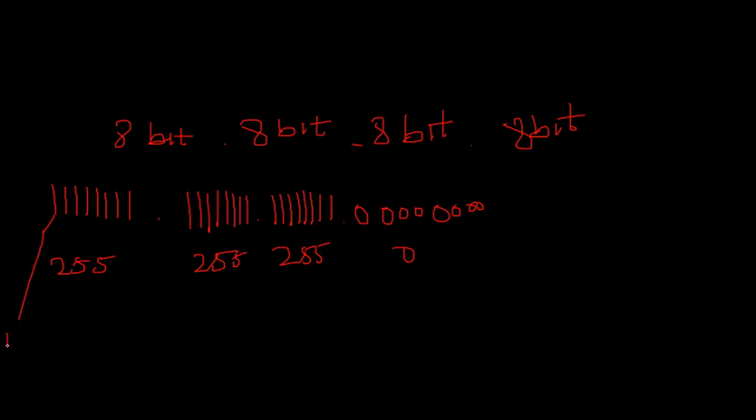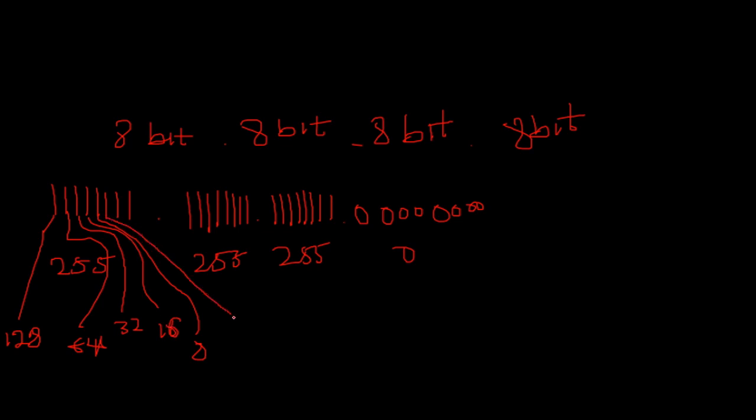Where these calculations are coming from is this: the first bit here is 128. This second one is 64. This one here is 32. This one is 16. This one is 8. This one is 4.